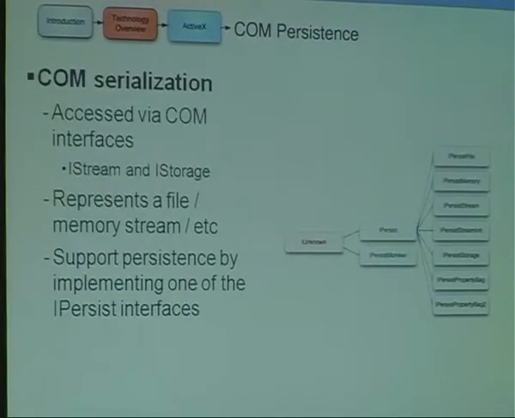So when I talked before about safer instantiation, that's all about COM serialization. COM objects can be serialized into flat files and then resurrected at a later point in time.